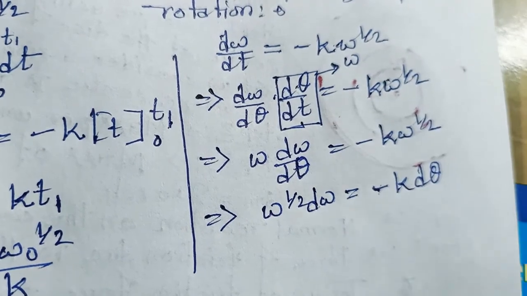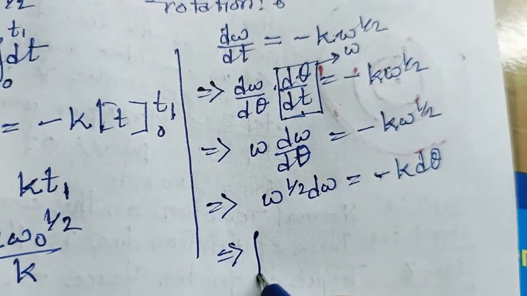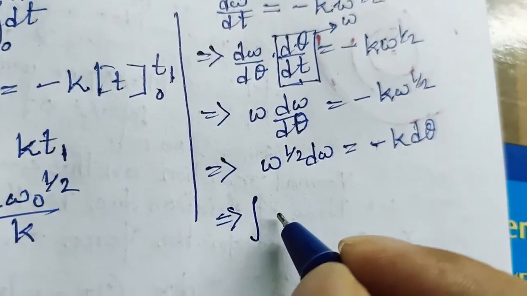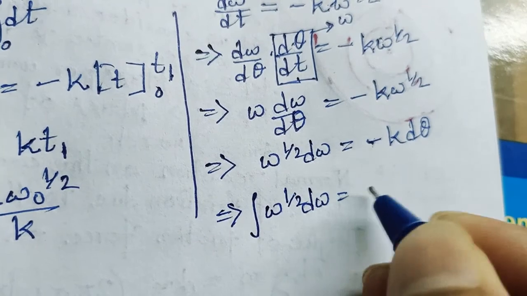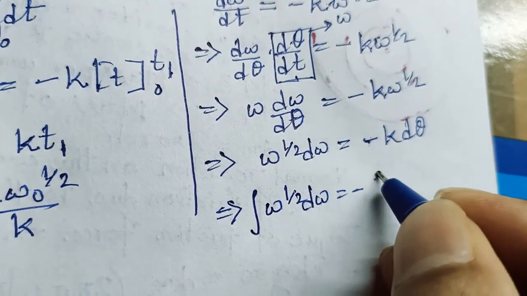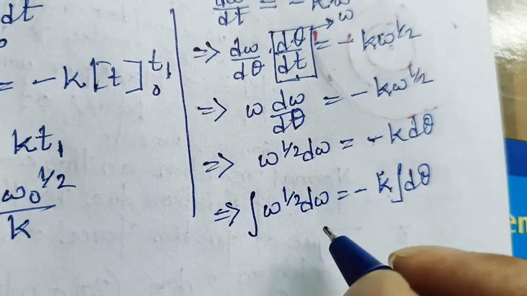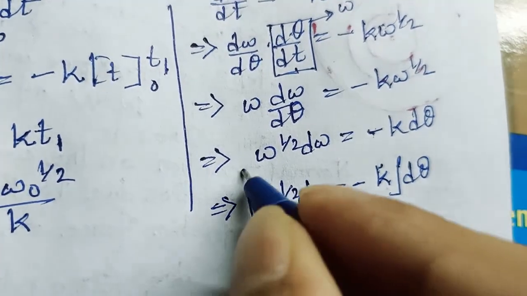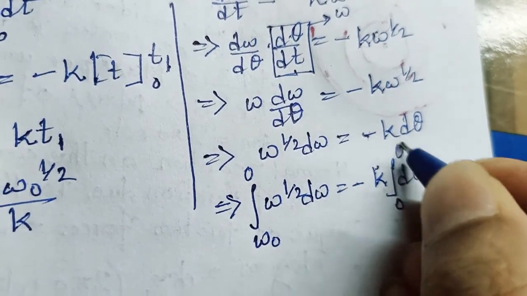Now if we carry out this integration, taking integration on both sides, our integral will be omega to the power half d omega is equal to minus k integration of d theta, and limits of this integration will be from omega naught to 0 for omega and angle from 0 to theta.